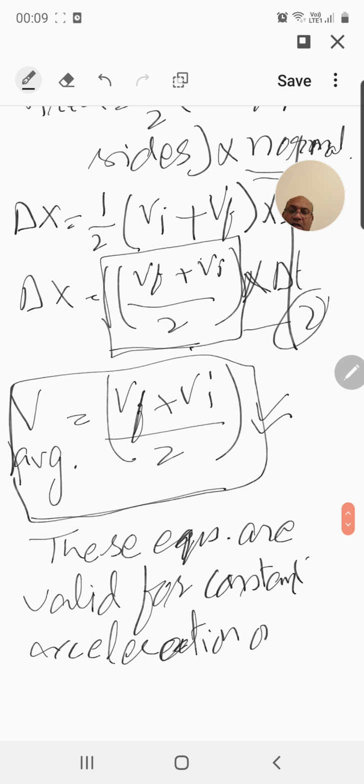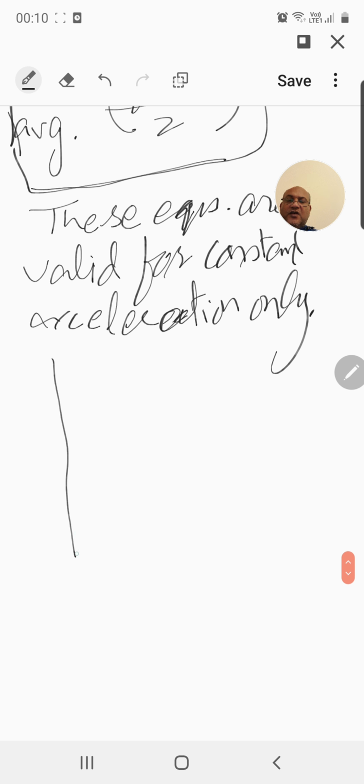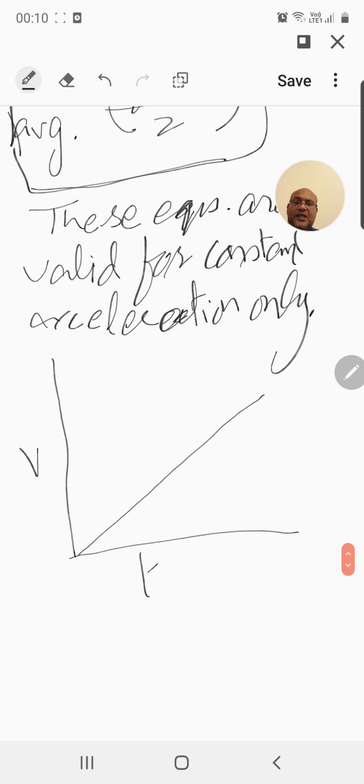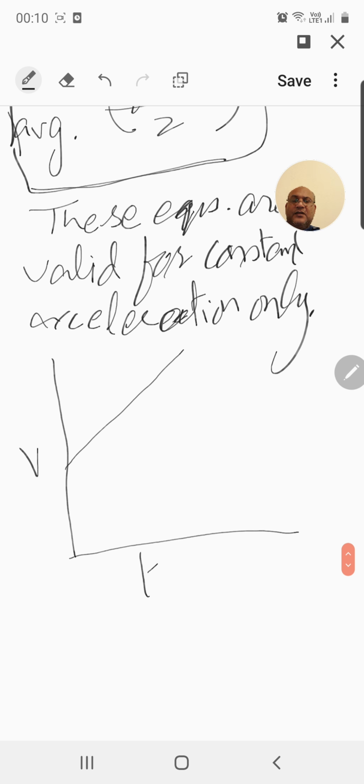Constant acceleration only. When would you have a constant acceleration? You will have a constant acceleration when your velocity time graph looks like this nice straight line. Or your velocity time graph looks like this nice straight line.